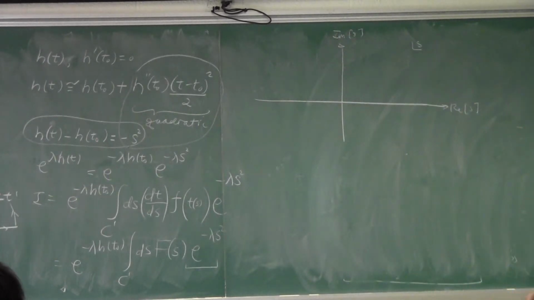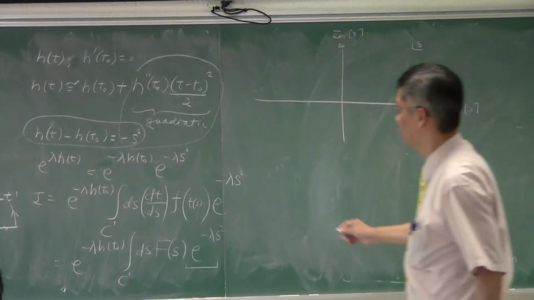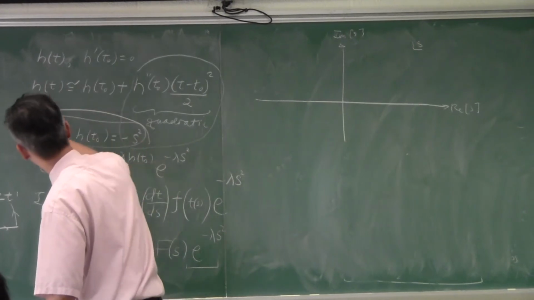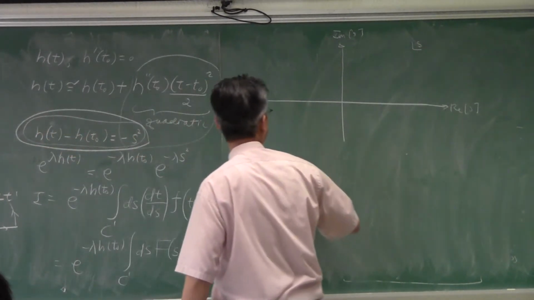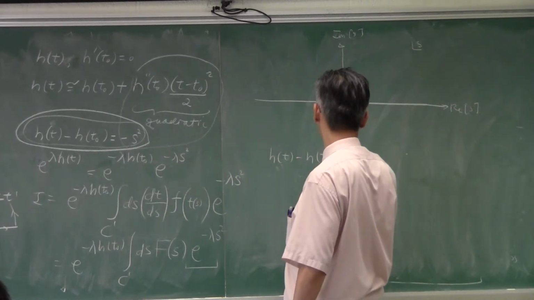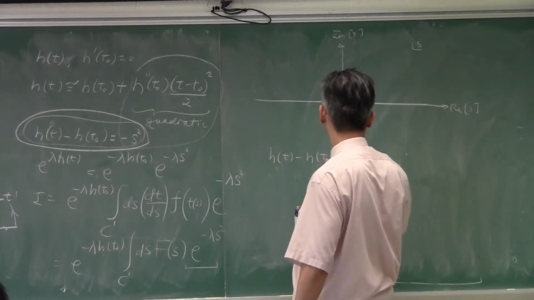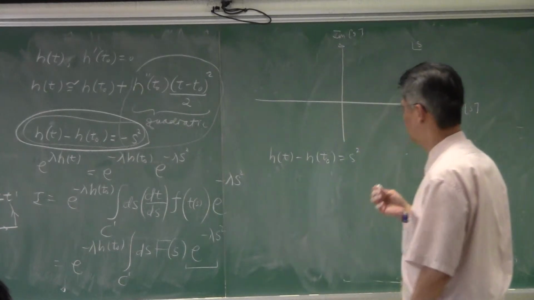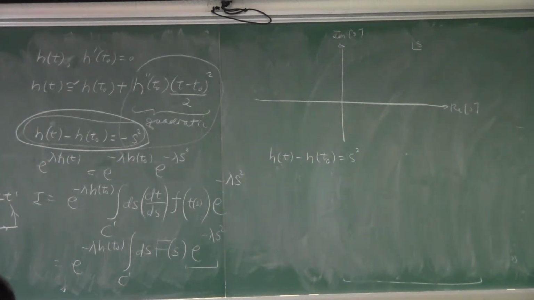Where does t naught map to on this complex s-plane? This is a mapping. Under this mapping, h(t) minus h(t naught) equals minus s squared. If you know complex variables, where does the point t naught map to on a complex s-plane?